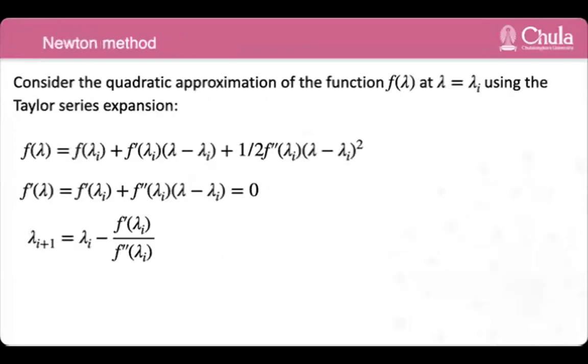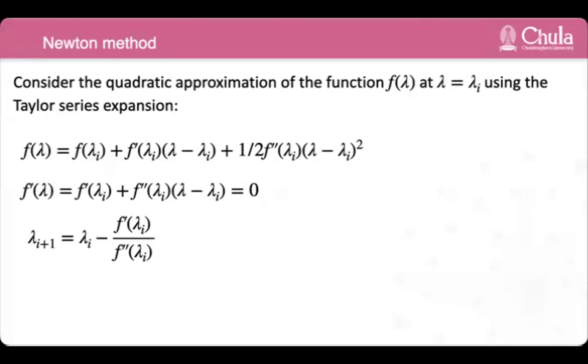And the next one is the Newton method. For the Newton method, the idea is that we also approximate the objective function as a quadratic function. But we don't explicitly derive the quadratic function like we did before in quadratic interpolation.